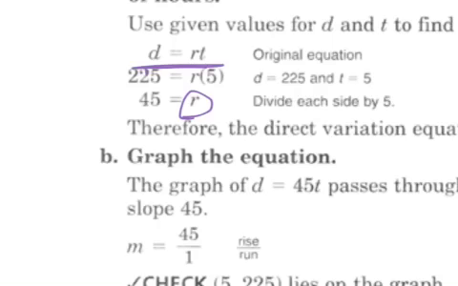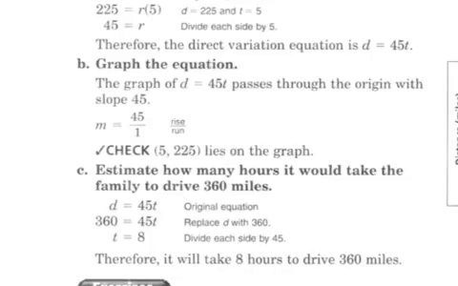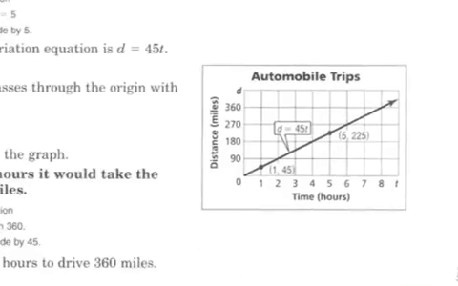So you want to solve for the r in each case, and that is, if we were to graph it, the slope. I think we talked a little about this a few days ago. If we have a speed of 45 miles an hour, that's going to be our rate, and your line is going to look something like that. If you were to go faster, the line would be steeper.